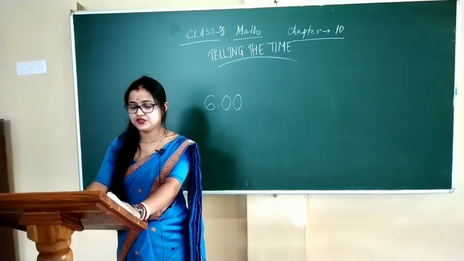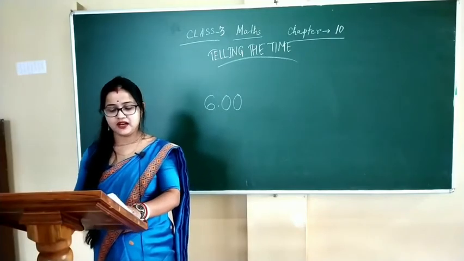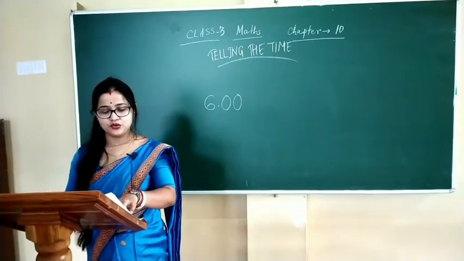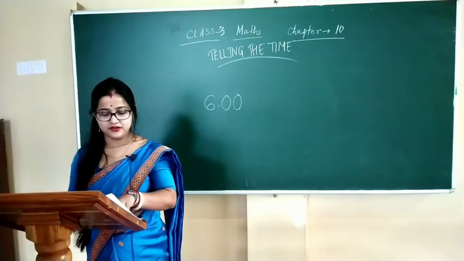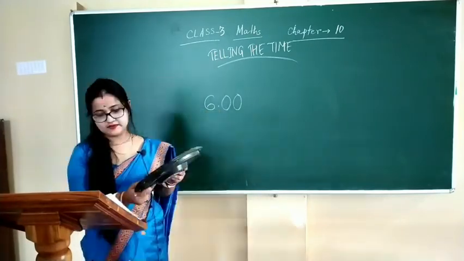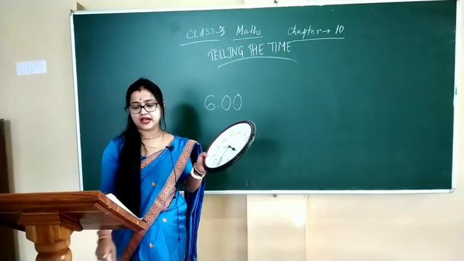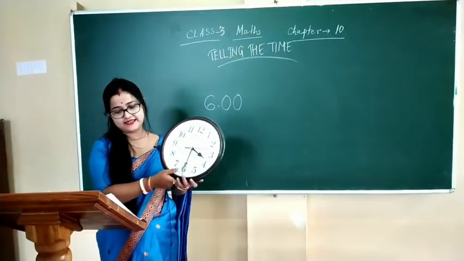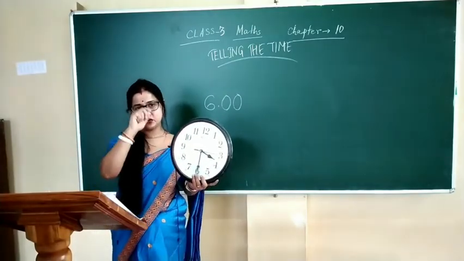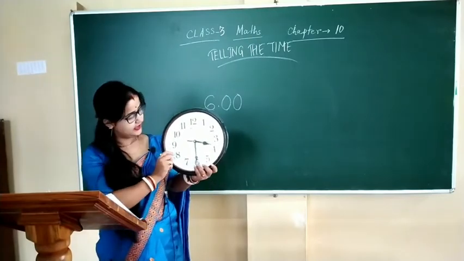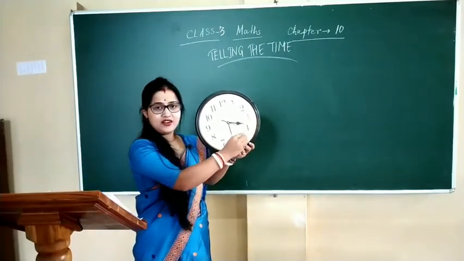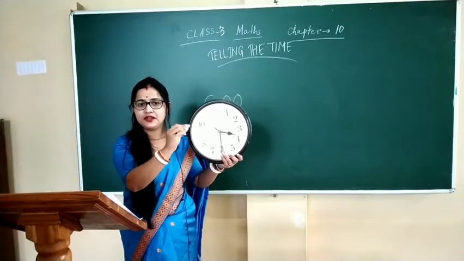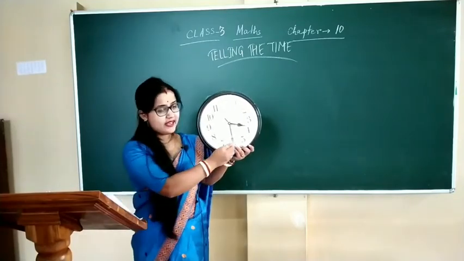Now we are going to learn time to the half hour. As I told you, 30 minutes is equal to half an hour. Now see, the hour hand is in between 3 and 4, and the minute hand is in 6.